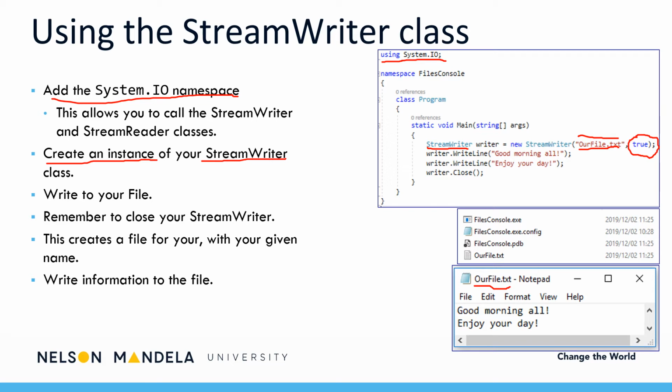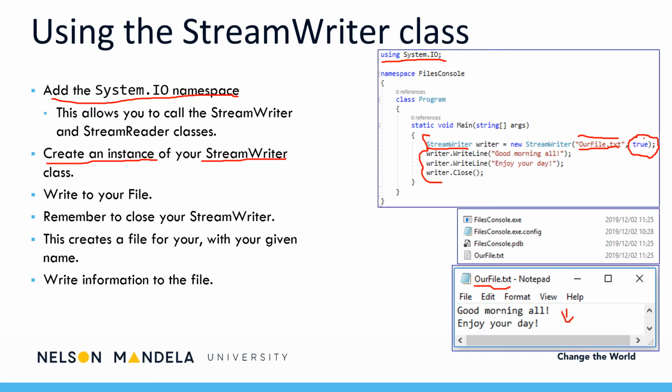What that true means is that when you run this code for the first time, for instance, it's going to write good morning to the file, and then on the second line it's going to write enjoy your day. When you write for the second time, if you've got this true, then it's going to have a new line. It's going to continue writing in this file.